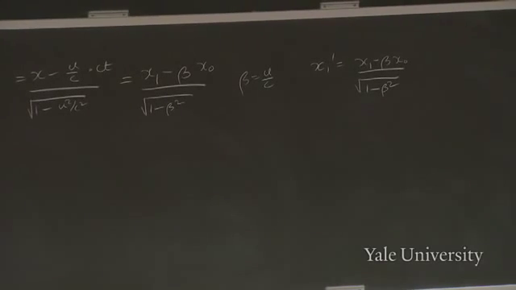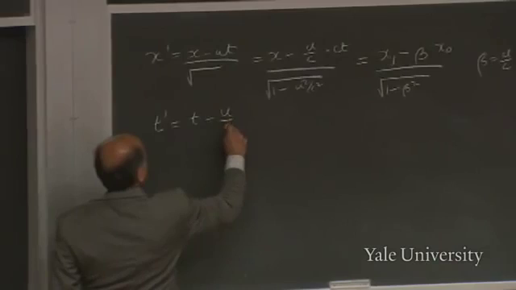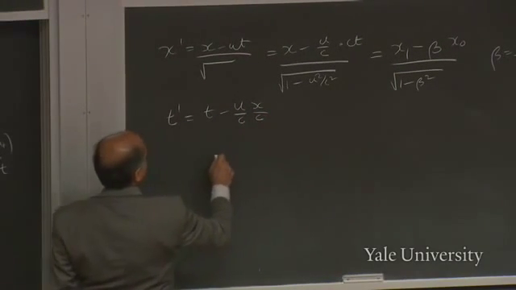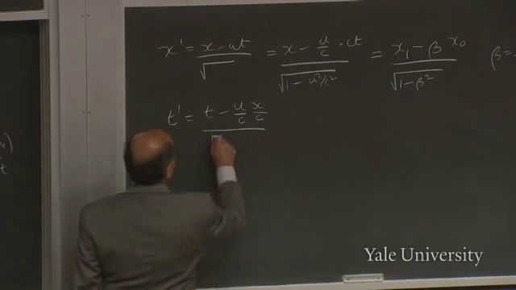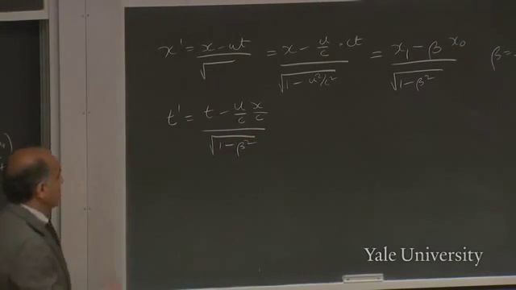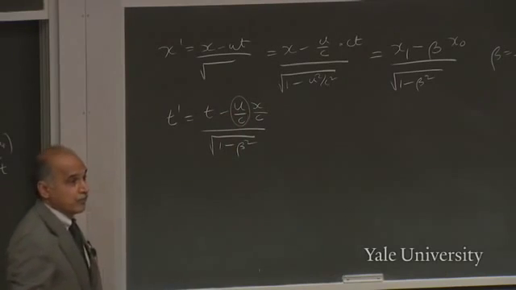What's the transformation law for time? Remember, t prime was t minus ux over c squared, divided by root 1 minus beta squared. Beta squared is clearly what's sitting downstairs. u over c is beta. So what do you think we should do?